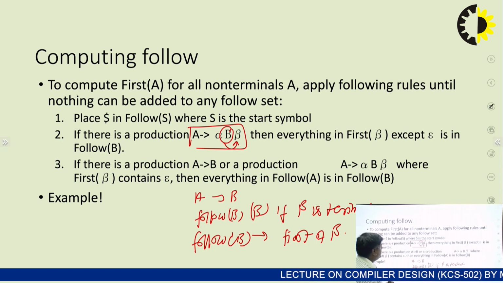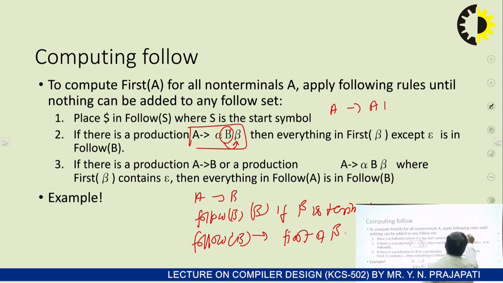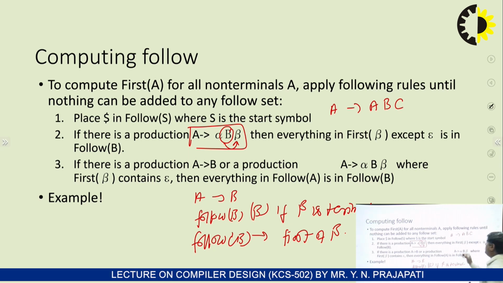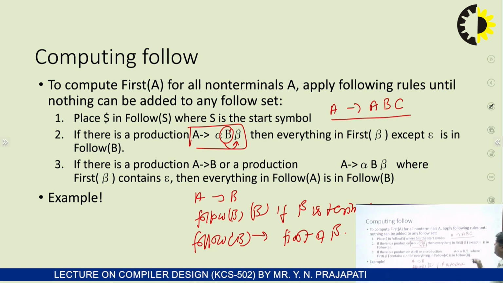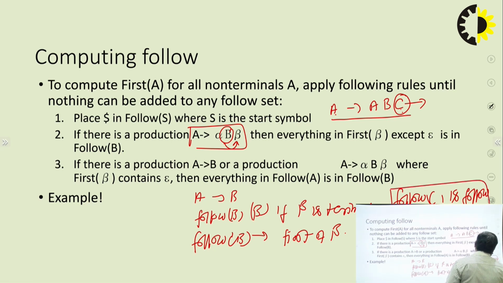For example, A tends to A, B and C. Now for this production, if we compute the Follow of C, if the non-terminal is not followed by any symbol, then the Follow of C is equal to the Follow of A. It means Follow of C is Follow of A. That is another important rule for computing the Follow of any production rule.